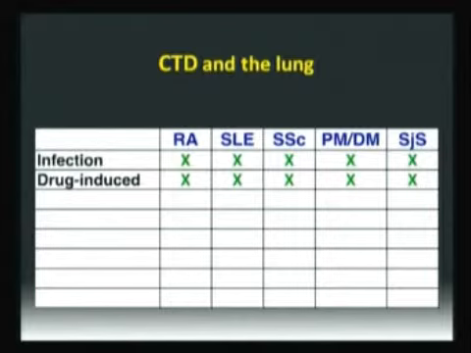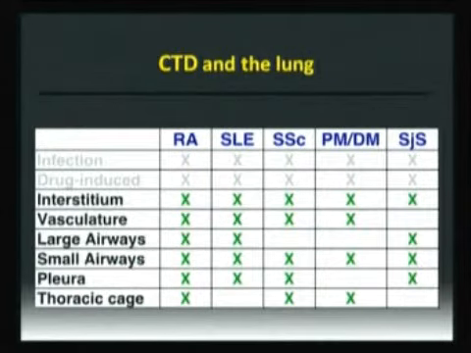If you look at this table, which has been drawn by many publications in the field, on connective tissue disease and the lung, in rheumatoid arthritis, lupus, scleroderma, polymyositis, dermatomyositis, or Sjogren, in all of them you can have infection being responsible for respiratory symptoms, and the drugs that are used to treat connective tissue disease can all be responsible for lung disorders.